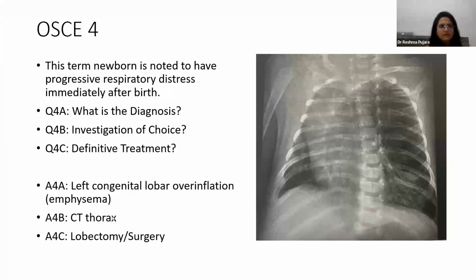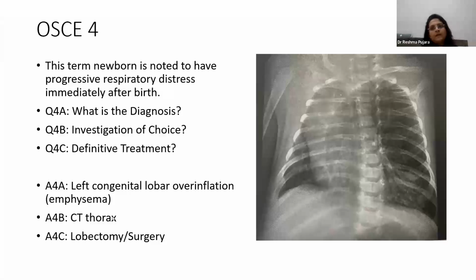Yes, you definitely want to rule out pneumothorax in this baby. You can do that by various things. You can do the lung ultrasound. CT scan obviously would give you the difference. But here, this is a term baby, there is no history of positive pressure ventilation given, and there is a progressive respiratory distress immediately after birth.